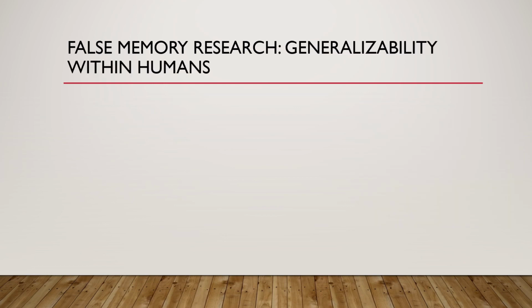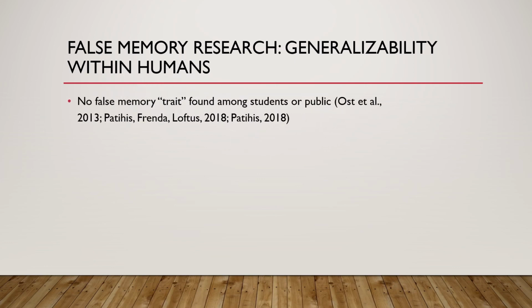So the question is, are all humans susceptible to these memory distortions and reconstructive memory? Now, there have been several studies that have found that there's no actual memory trait among students or the public. So in other words, among people who are psychologically well adjusted. Oost and colleagues found this. We found it in a recent study, and I write about it in a commentary here as well.